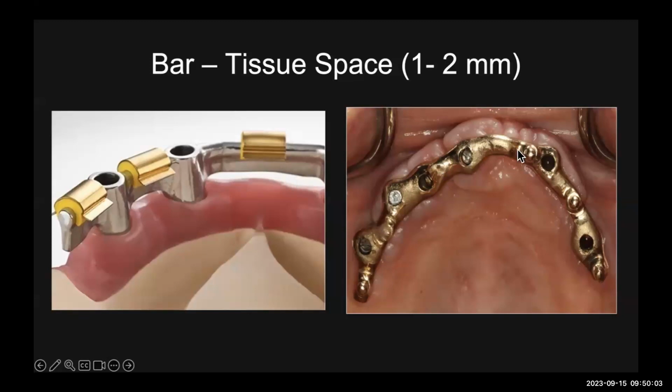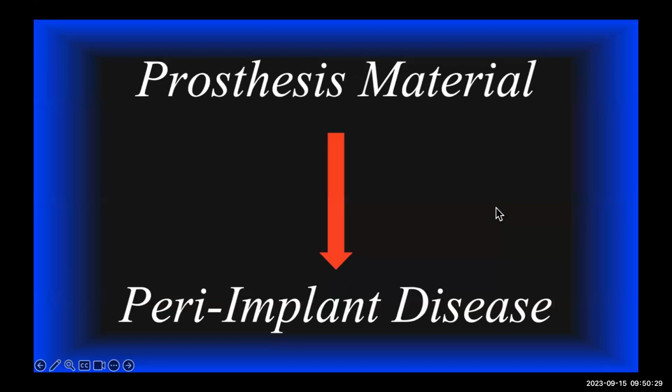So then what happens is the patient gets gingival hyperplasia, and now it becomes a perimucositis, which easily turns into a peri-implantitis. So again, the implant position, more of an osteoplasty or alveolectomy should have been completed, where the implants are put more apically so that there's more room for the bar and the abutments.